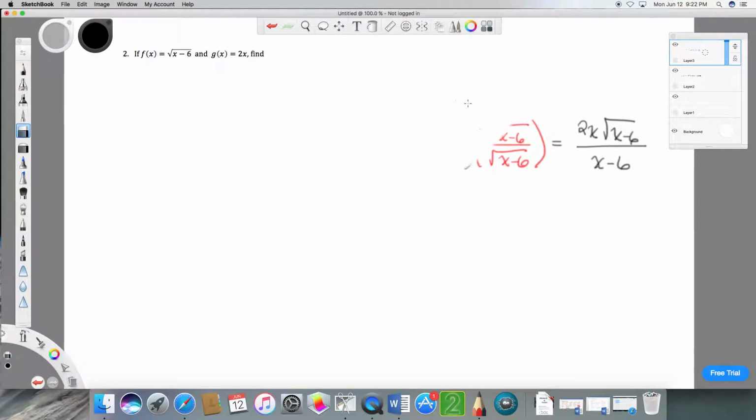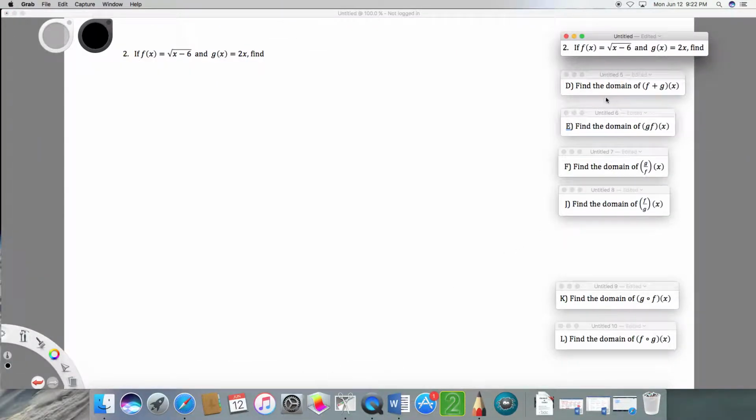Let's take a look at what else it asks us in problem number 2. We want to find the domain of f plus g, g times f, g over f, and f over g.